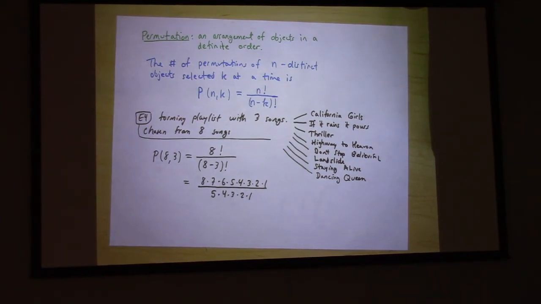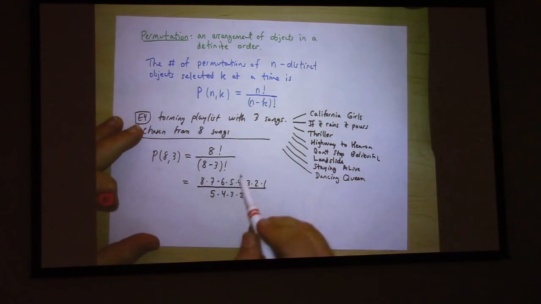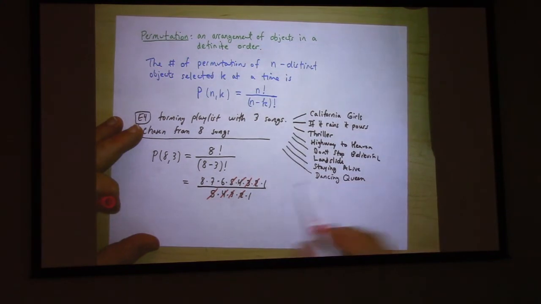I'll do some more factorials next page. Let me just focus on this example for a moment. You see what cancels? You can cancel the 5, the 4, the 3, the 2. Of course, the 1s don't even need to be written. And you just get 8 times 7 times 6, which is what?